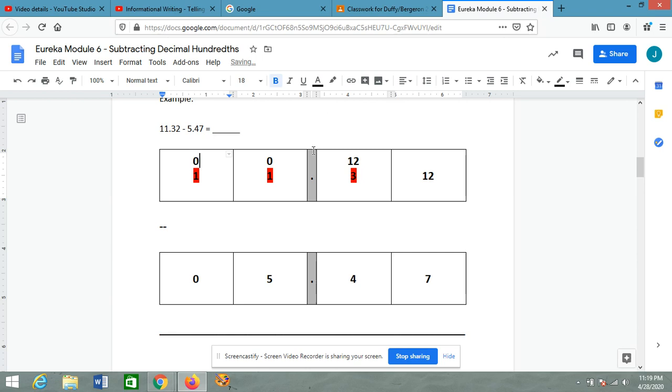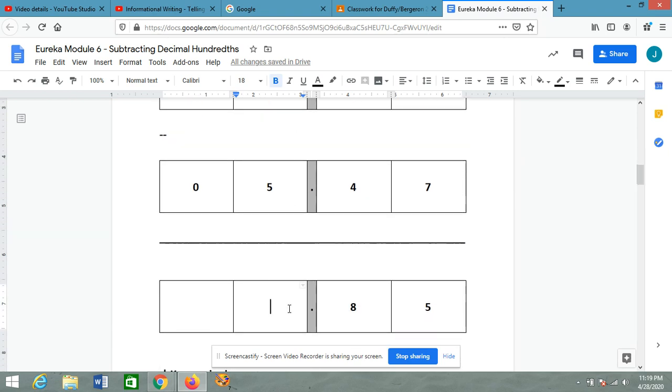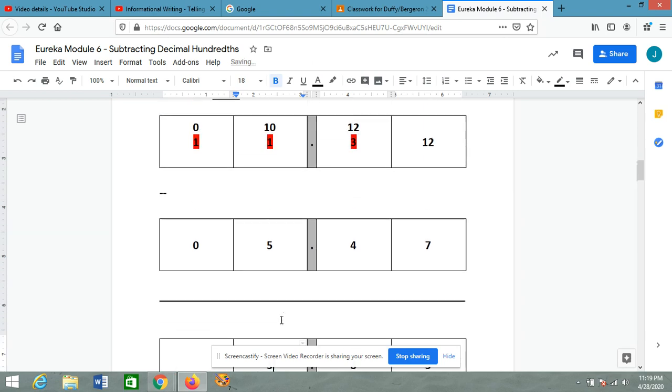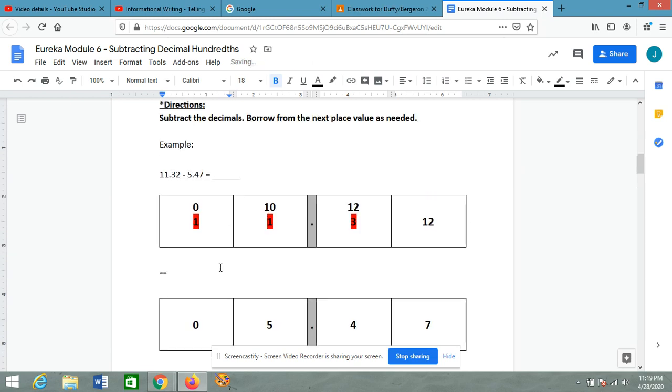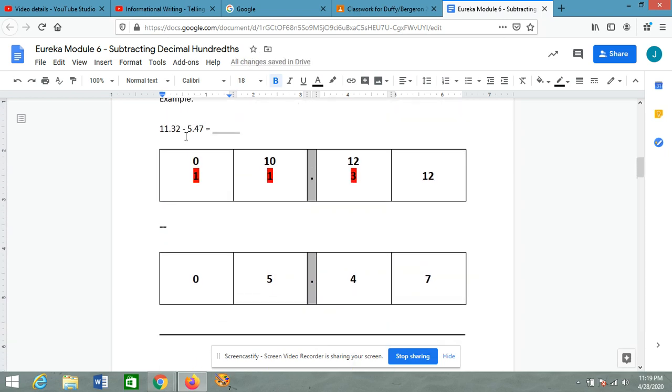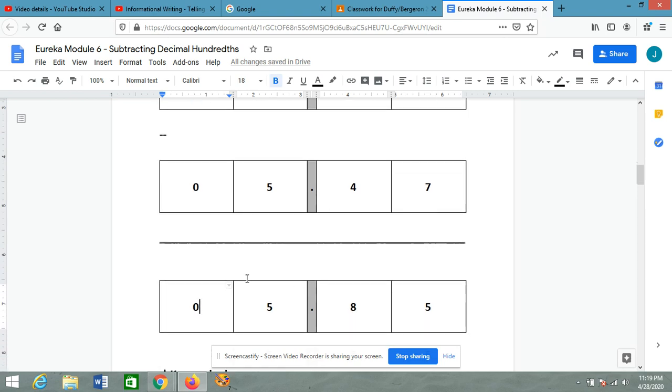So now we have 0 tens. We took that 1 ten and it became 10 ones. If we add that to 0 ones, that's just 10 ones. Now we've got 10 minus 5 equals 5. And then 0 tens minus 0 tens, 0 tens. So 11 and 32 hundredths minus 5 and 47 hundredths equals 5 and 85 hundredths.